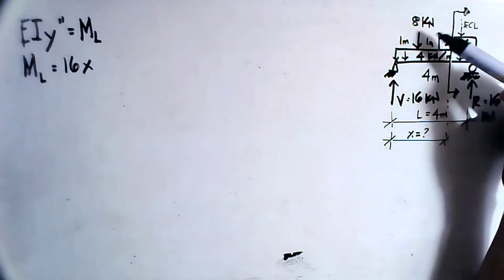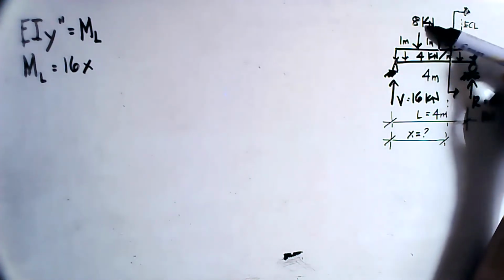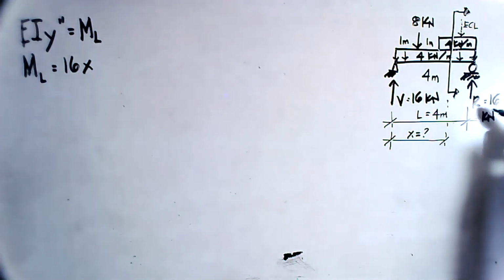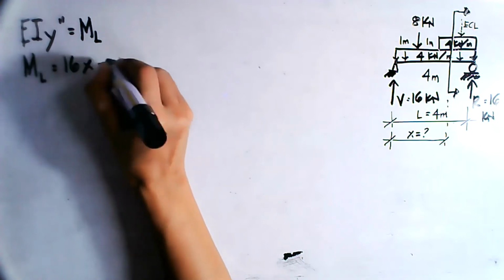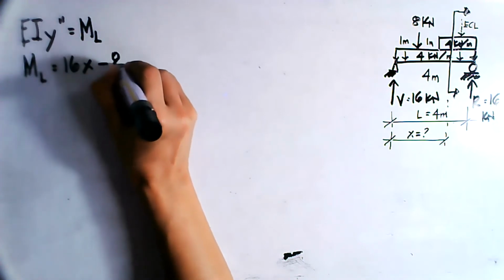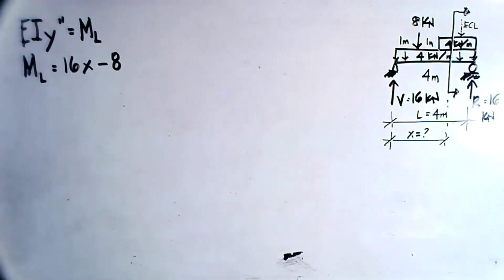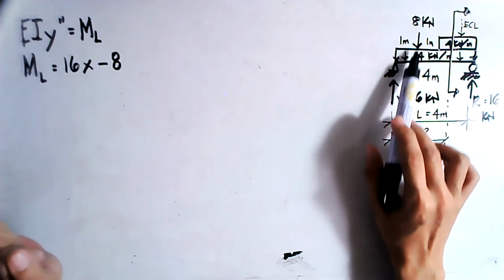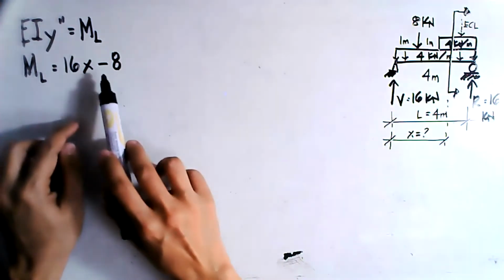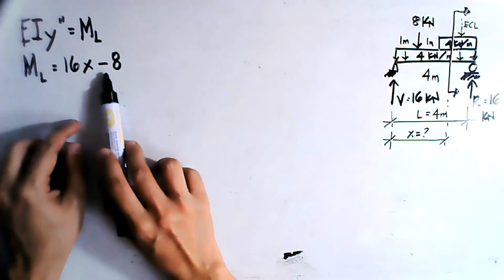And then we also have 8 kilonewton, which is going now in the counterclockwise direction. By the way, our sign convention is clockwise positive, counterclockwise negative. So since the 8 kilonewton is going counterclockwise, we're going to use a minus sign.